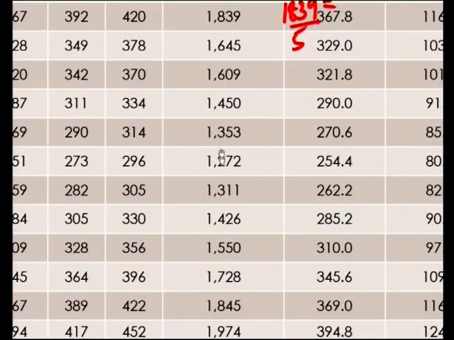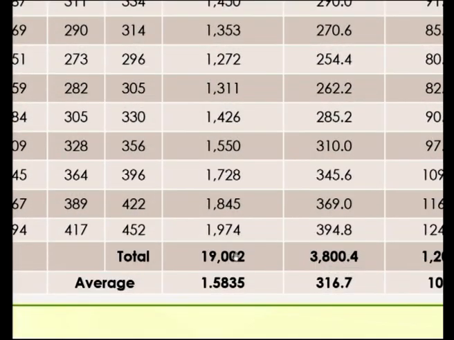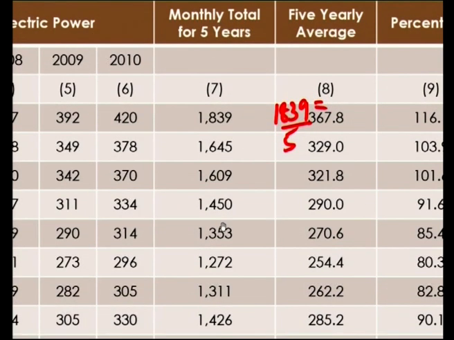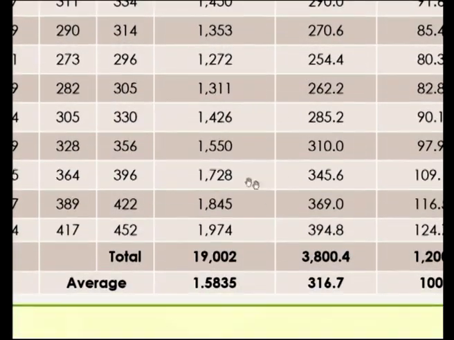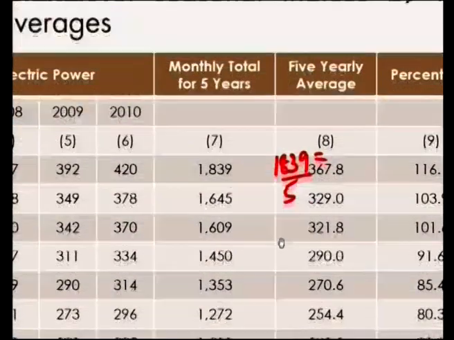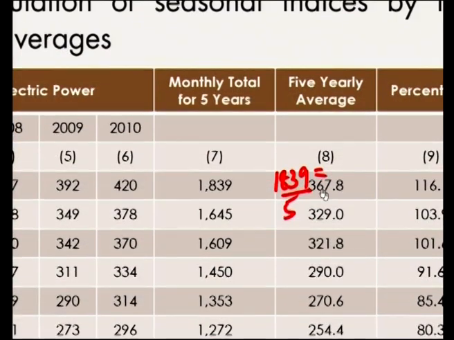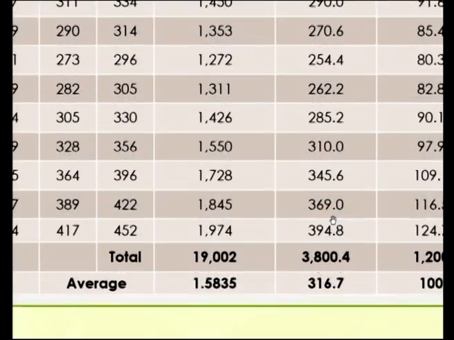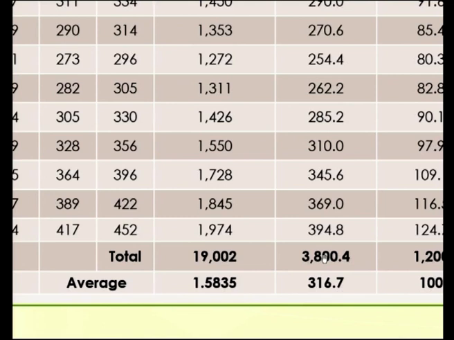Okay. Next, just take the total of this 19,002. This is the total of the totals, isn't it? Starting from 1839, when the values are added we get 19,002. Similarly, just take the total of these 5 yearly averages. Starting from 367.8 plus 329 plus 321.8, like that, the total comes to be equal to 3800.4.